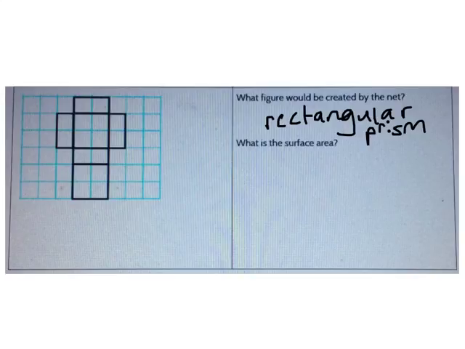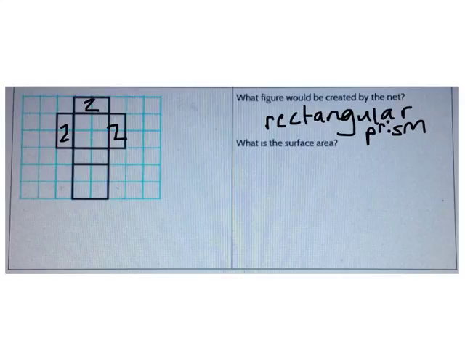Now let's find the surface area. What's the area of the top rectangle? It's 2. What's the area of the left rectangle? It's also 2. What's the area of the right rectangle? It's 2.